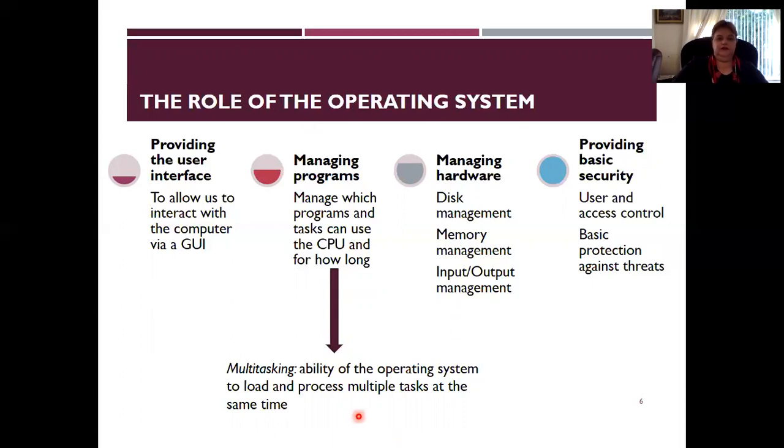Multitasking is the ability of the operating system to load and process multiple tasks at the same time. So for example, I'm working on my pad. I need to open a Word document and there are multiple tasks inside Word. For example, it does a spell checker, I can insert images, I can create bold, I can change all sorts of things.